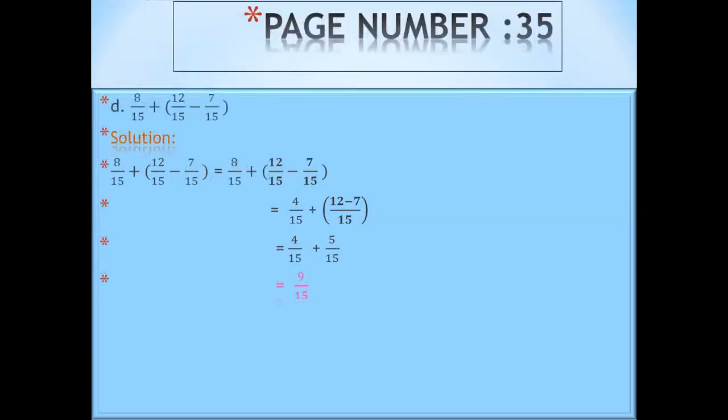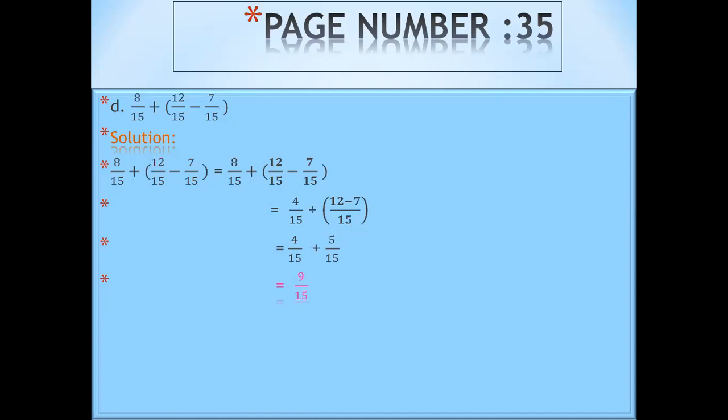The last part of this question is 8 over 15 plus 12 over 15 minus 7 over 15. First we solve the bracket. Again, you see that denominators are same. So we write the denominator once and we subtract the numerators directly. 12 minus 7 is 5.